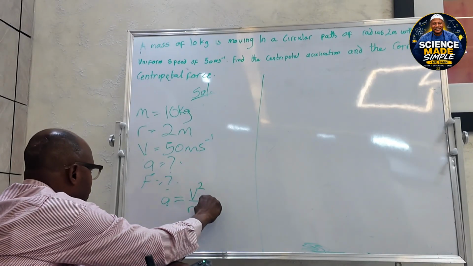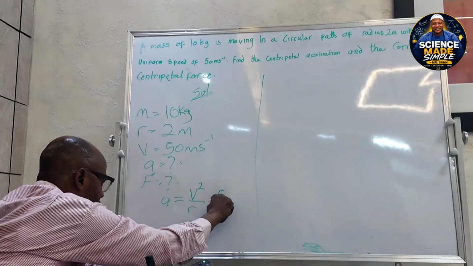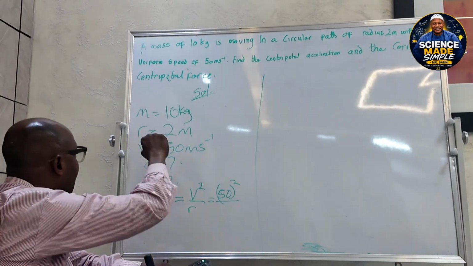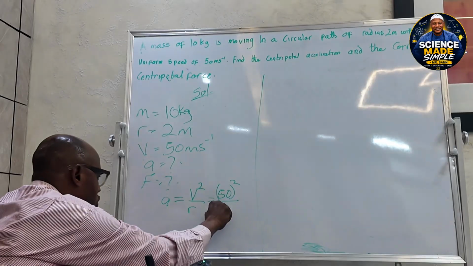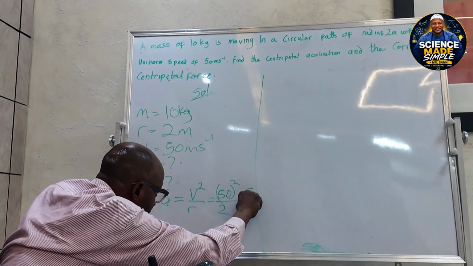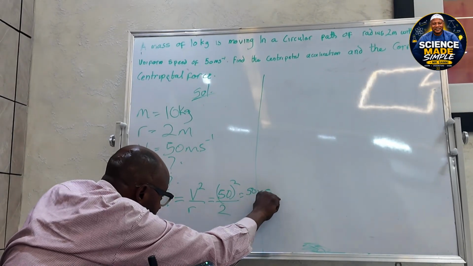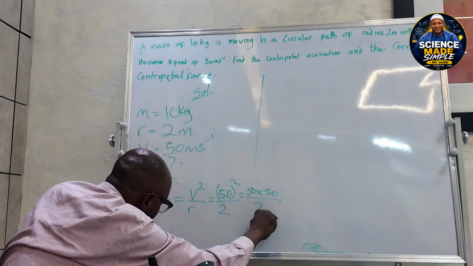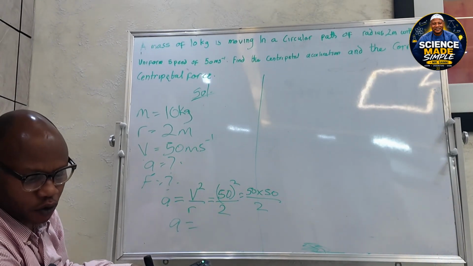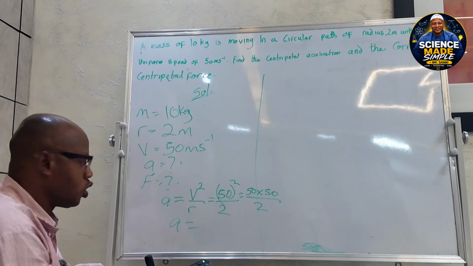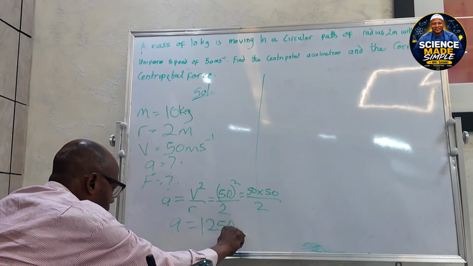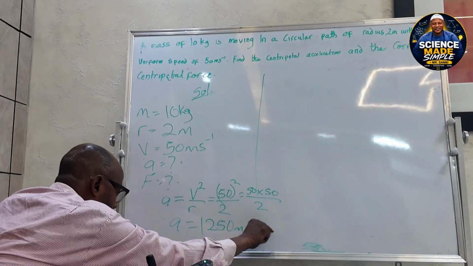Our v here is 50, so that will be 50 squared, and our r is 2 meters. So this 50 squared is the same as 50 times 50 over 2. So our a now will give us 1,250 meters per second squared.